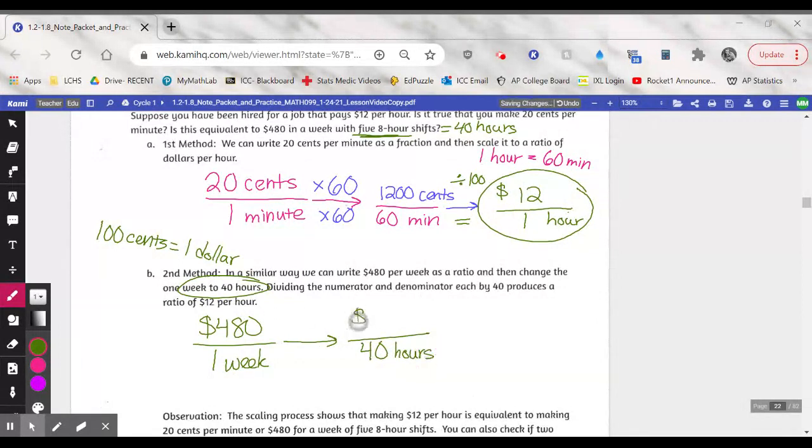It doesn't ask me to do anything to the top yet, but then it says we can do this by dividing the numerator and denominator by 40. If we look at 480 and 40 and simplify this fraction, we can see that 40 goes evenly into both of these. 480 divided by 40 is $12, and 40 divided by 40 is 1.